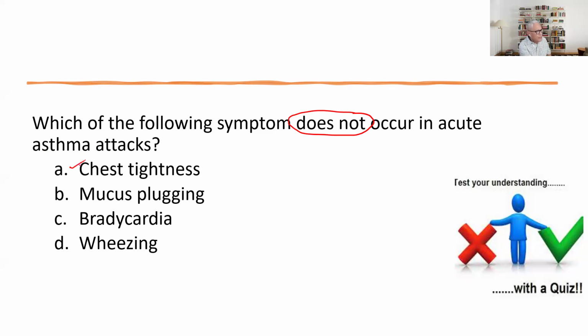While chest tightness can occur, mucus plugging can occur, bradycardia does not occur. Rather, tachycardia is going to accompany respiratory distress, and wheezing obviously is going to be expected.